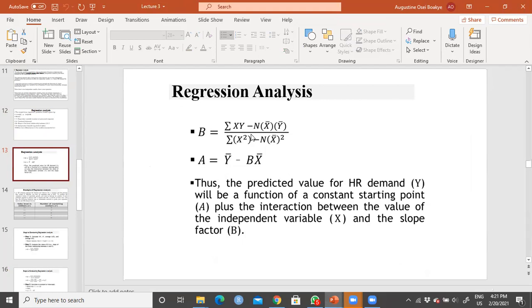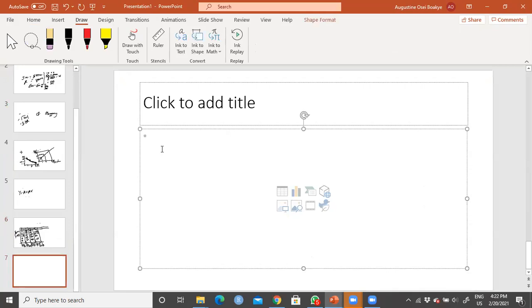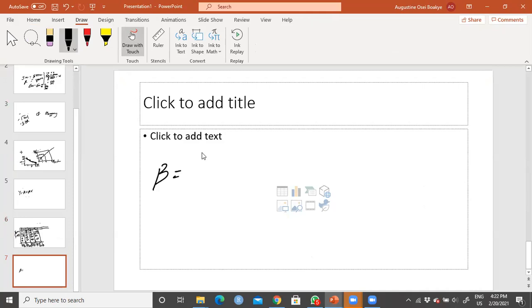We have now been able to use the information provided to ascertain all the pieces of info we have to put into the formula. So we are now going to input it. So the formula there, you have it already. But to solve it, the B is equal to the summation xy. We got 1133 minus n, the n was 5.